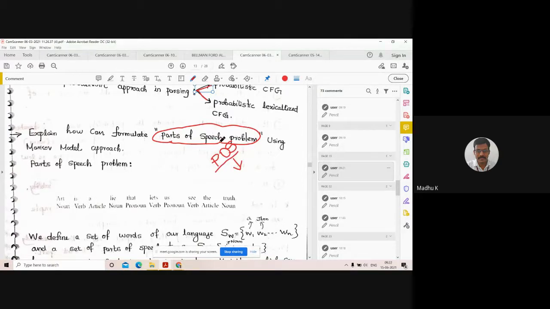But no one wrote the answer because they didn't know what POS is. POS means the part of speech problem, so you can expect that type of question. What does the part of speech problem mean? For example, a sentence is given.